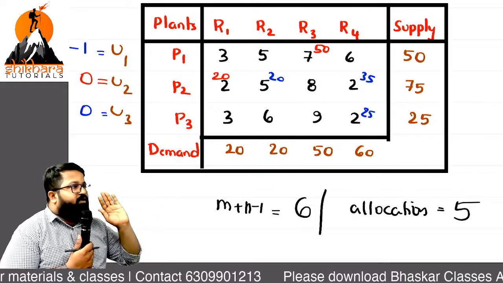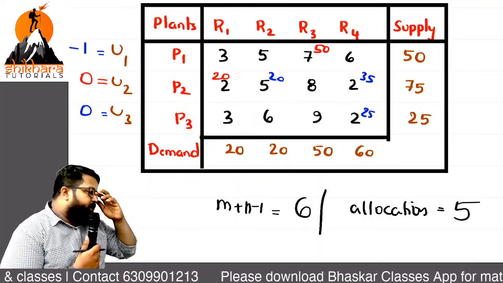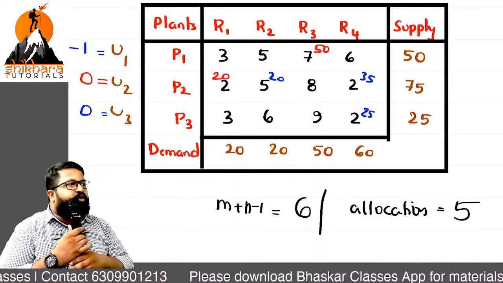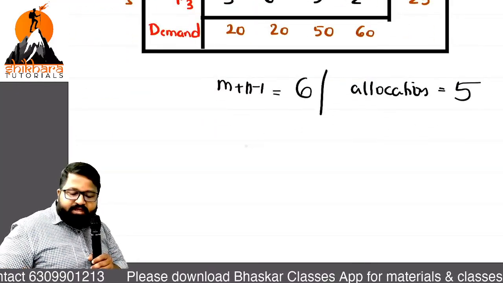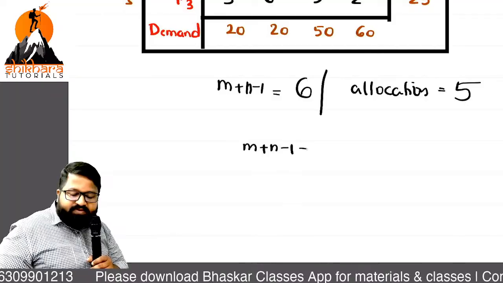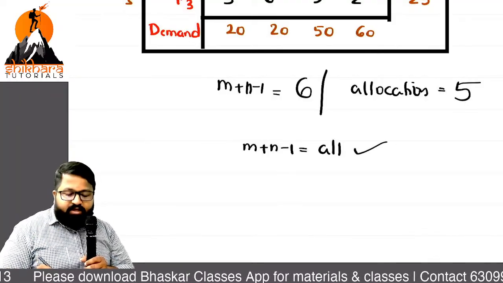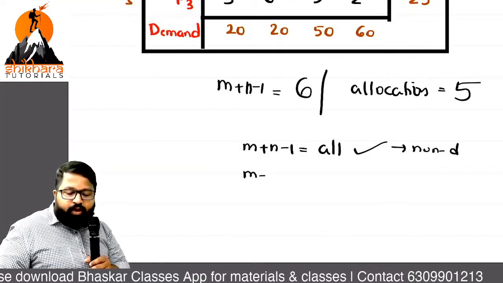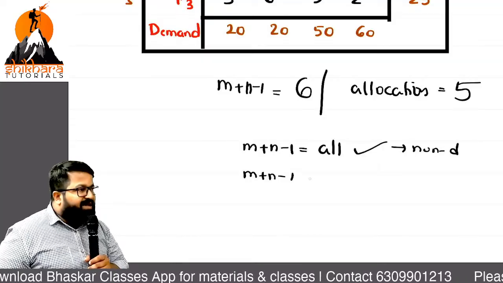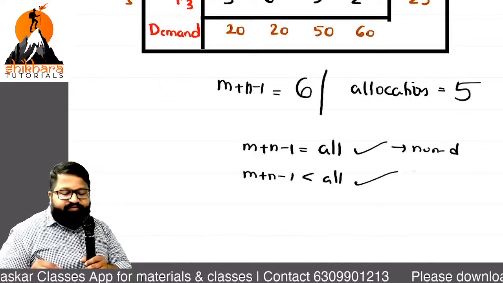Sir, here what type of solution is it? Degeneracy solution. First time we are getting a solution called degeneracy. Once we reach a degeneracy solution, I mentioned 3 cases. What are those 3 cases? m plus n minus 1 equal to the number of allocations. Superb, that is non-degeneracy. Or the alternative: sometimes the allocations are more, which is also fine for us.